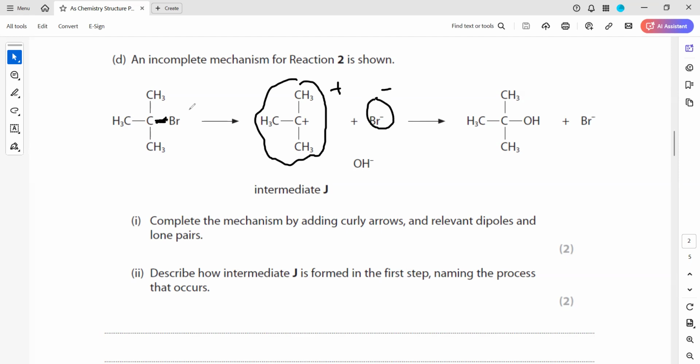Whenever a covalent bond breaks down, forming a cation and an anion, we call that heterolytic fission. So this will be a heterolytic fission.